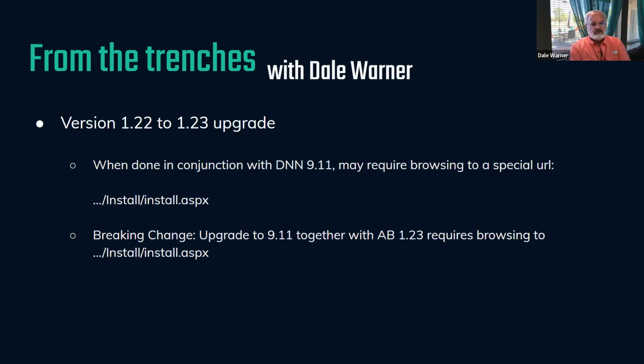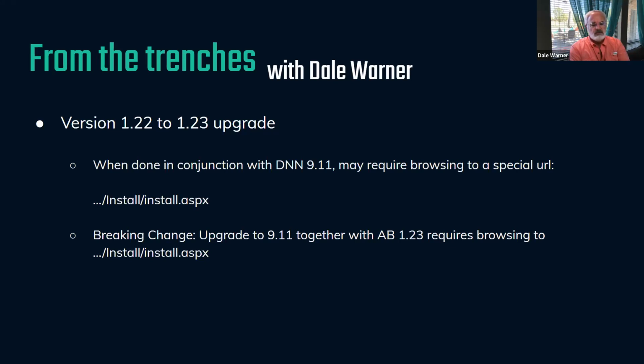The other thing I wanted to mention is that we have added a breaking change notification. This is a small thing, but when you're moving from version 1.22 to 1.23, so if you have yet to move up, and if you're doing it at the same time, you're selecting our option that automatically installs the next recommended version of DNN, in this case 9.11, it might not install automatically, and so we're just giving you the alert.